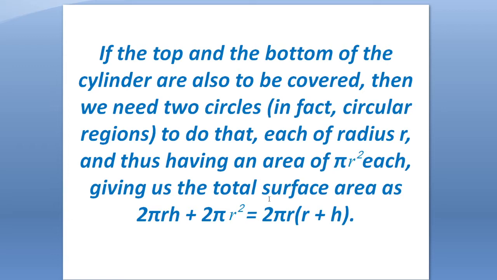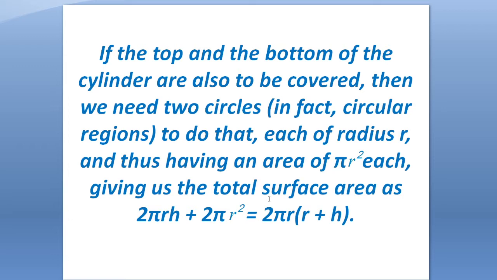So the total surface area of the cylinder, closed at the top and the bottom, is 2 pi r h plus 2 pi r square.